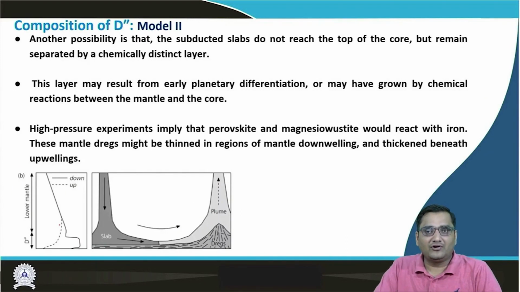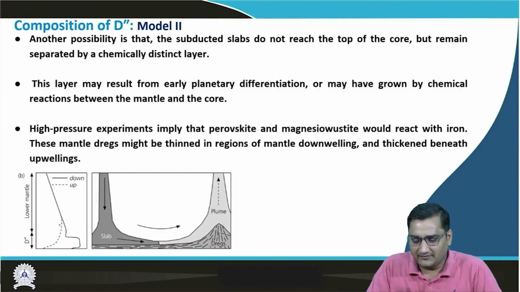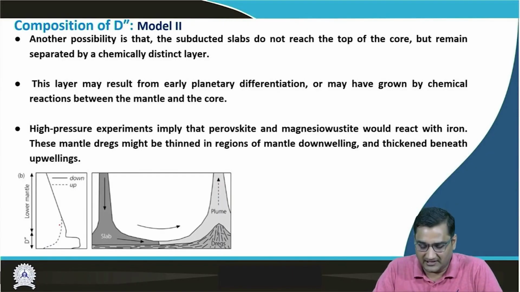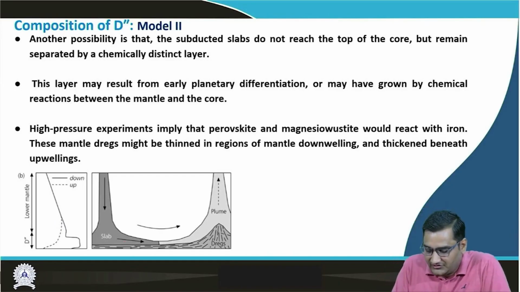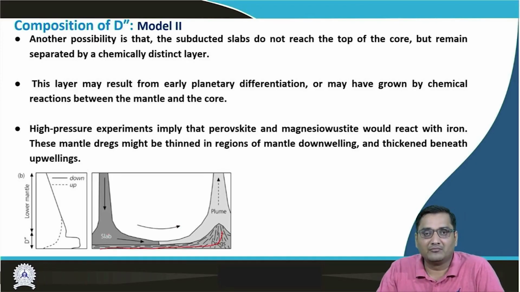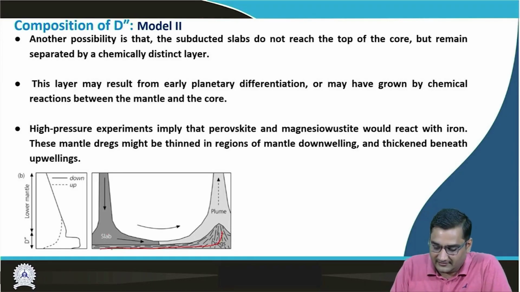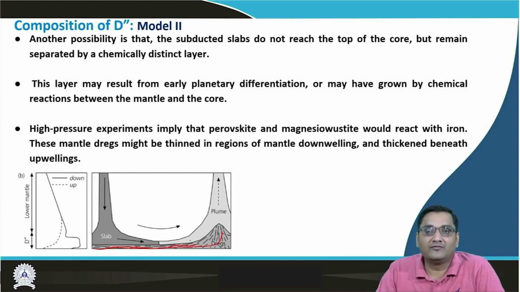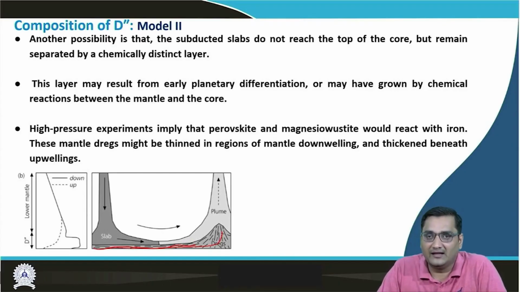Now let's look at model 2, that is another possibility where it is suggested that the subducting slab does not reach the core mantle boundary, but is separated by a chemically distinct layer. This is the chemically distinct layer that is separating the subducting slab from touching the core mantle boundary. It is said that this layer may have formed from the early planetary differentiation and may have also grown by the chemical reaction between the mantle and the core.